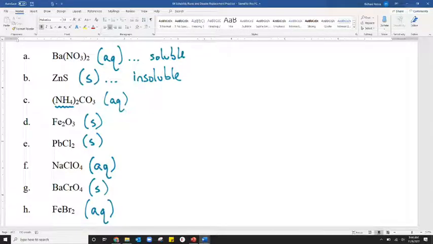I know why you're confused, because chromate is a polyatomic ion that we don't see much, so we haven't seen it a whole lot. But CrO4 is a polyatomic ion, and when you get down to rule number 6, it's called chromate. Rule number 6 says all compounds containing phosphate, sulfide, and chromate are insoluble, so that's the reason we have to go with insoluble for that one.